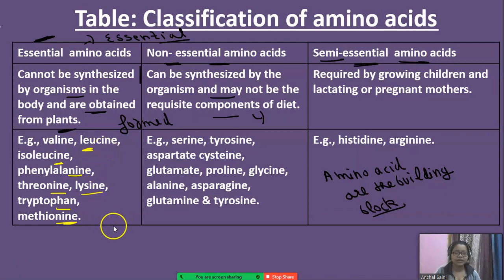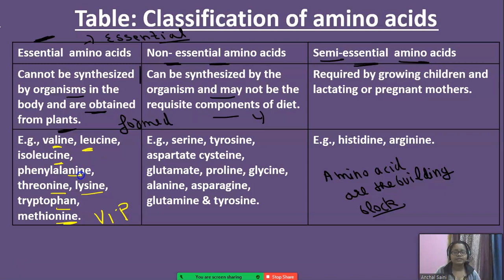So the trick is VIP. VIP, very important person. From V, you will remember valine. From I, you will remember isoleucine. And from P, you remember phenylalanine. Valine, isoleucine, phenylalanine. Okay.